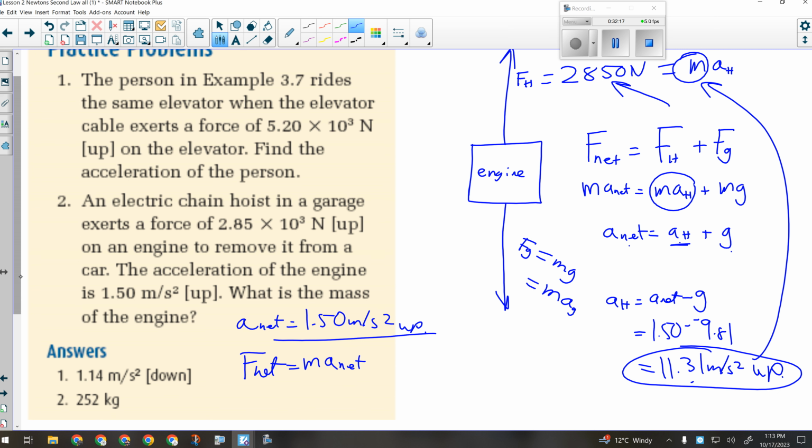So if I can say that F net is the vector sum of all the forces, I should also be able to say the same thing about the accelerations those forces would produce if they were by themselves. That's all this question is supposed to illustrate, that accelerations and forces have the same relationship. They're vector quantities. If I add them together, I should get the vector sum. Everyone all right with that idea? It's kind of a long-winded way to explain that, but.